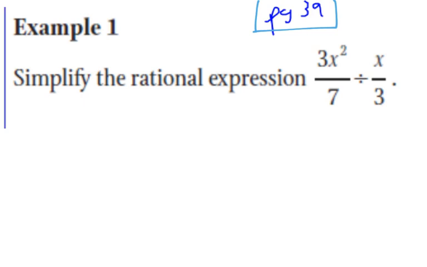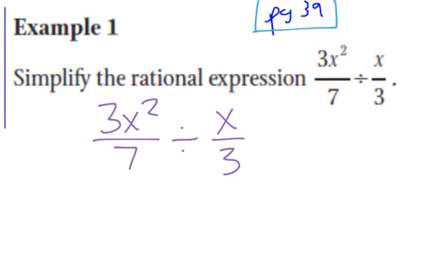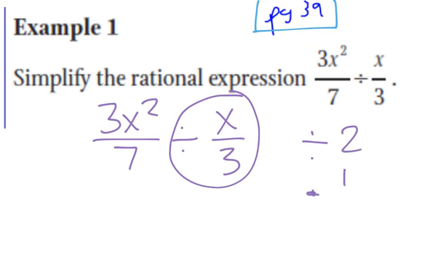And really, division only does one extra thing. So with 3x squared over 7 divided by x over 3. Well, if you recall, we can't divide by fractions. However, if we take something that we're dividing by, like dividing by 2, that's the same thing as multiplying by 1/2.